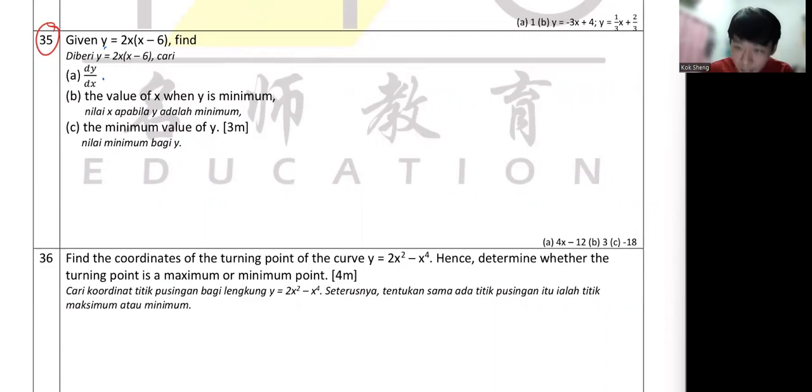So part A, we need to find the dy dx, just differentiate only. So let's start from A. The equation given to you is 2x bracket x minus 6. For this part here, you have the bracket, but the bracket can be expanded, so no need to go for the product rule. We can just expand the bracket, then we can differentiate. Okay, expand.